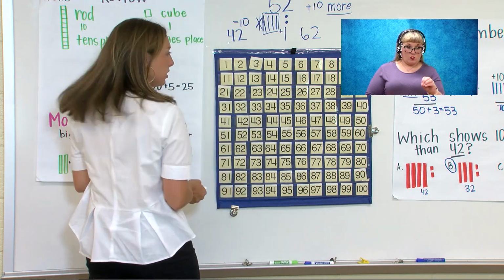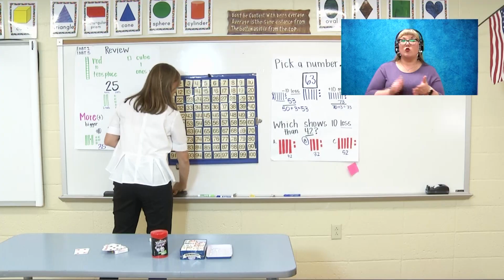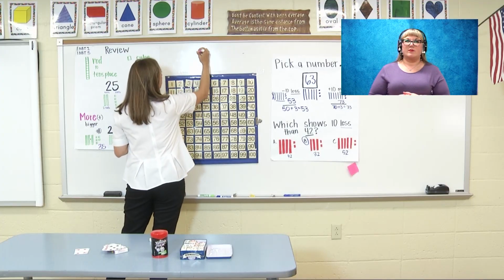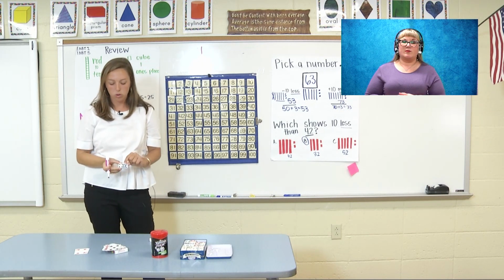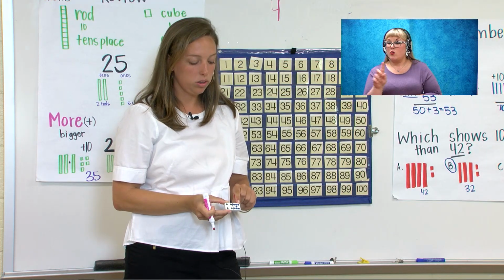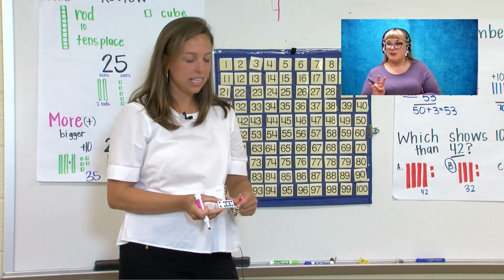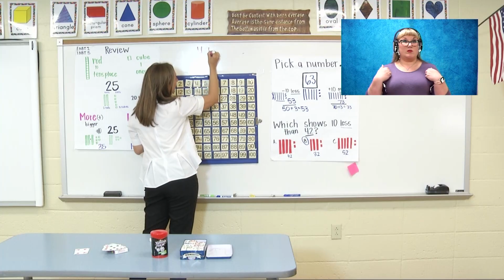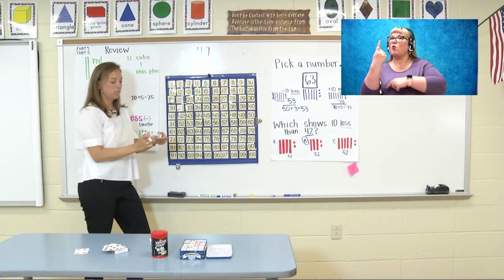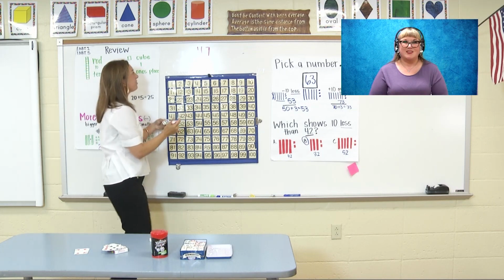Let's write the number 40. Let's check out our ones place. 1, 2, 3, 4, 5, 6, 7. So I have a 7 in the ones place. Together, the 2 digits make 47.